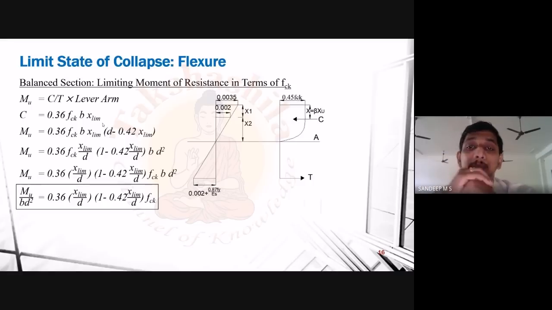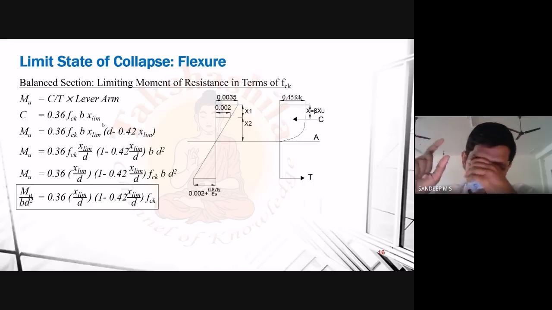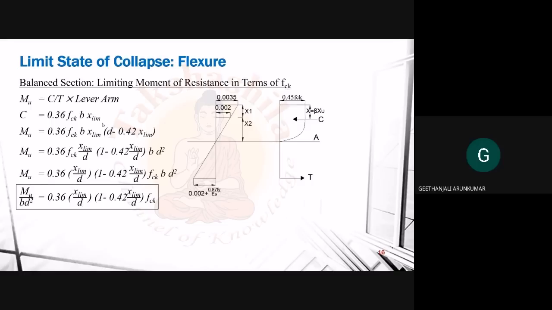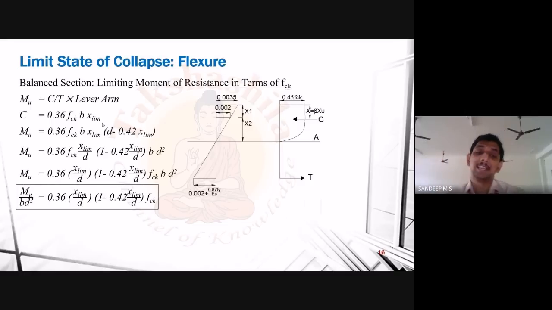Suppose the neutral axis for the balanced section is 200 millimeters, and I am reducing this to a value of 180. The section will change to another type of section. The value of neutral axis is less in comparison to the balanced section, so it will be an under reinforced section, right?